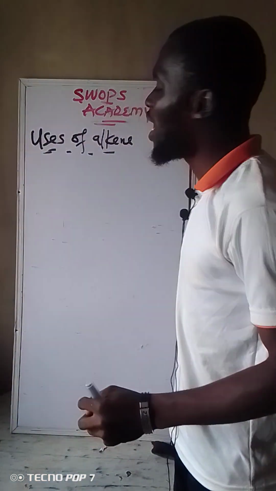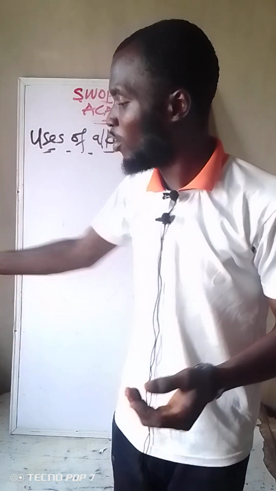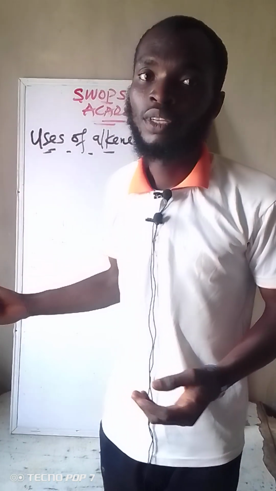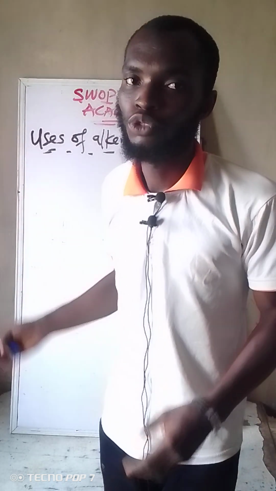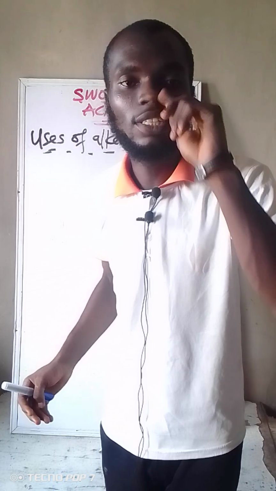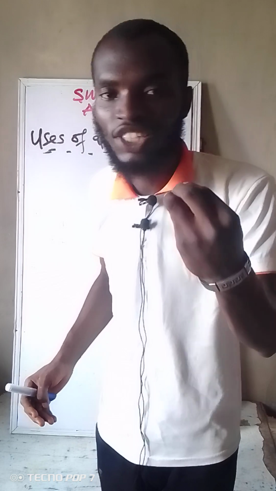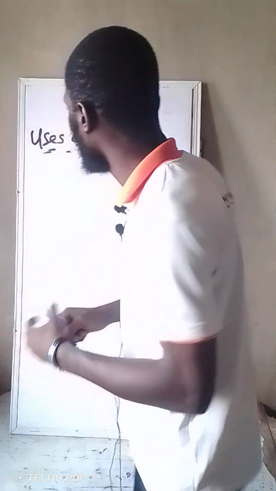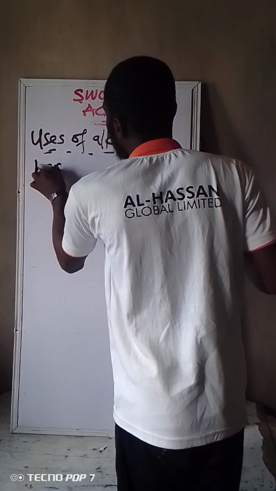Now, uses of alkenes. Number one, common uses of alkene, and JAMB do ask. I'll be bringing down some questions that will serve as a reference. Number one, it is used as an agent in ripening of fruit.